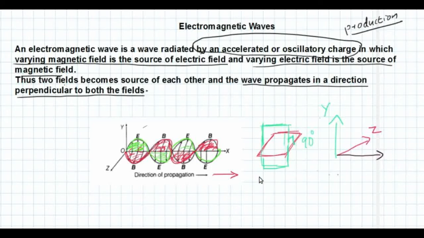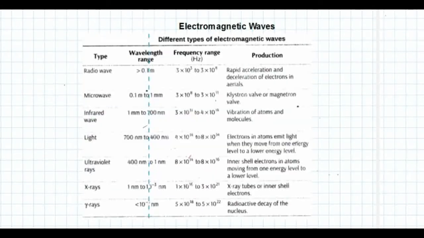So the variation of electric field is perpendicular to the plane that contains the magnetic field. In other words, the variation of magnetic field is in a plane perpendicular to the plane that contains the electric field. So the wave is propagating perpendicular to both Y and Z, which is of course the X axis.